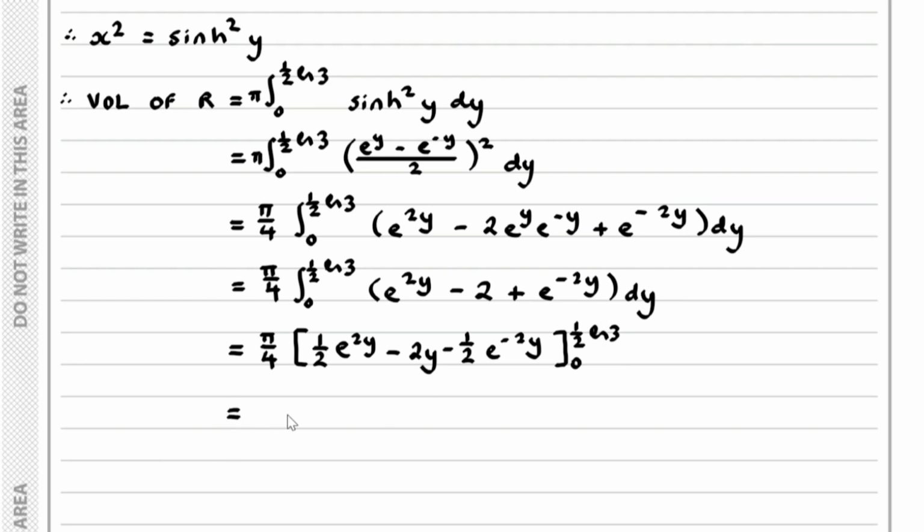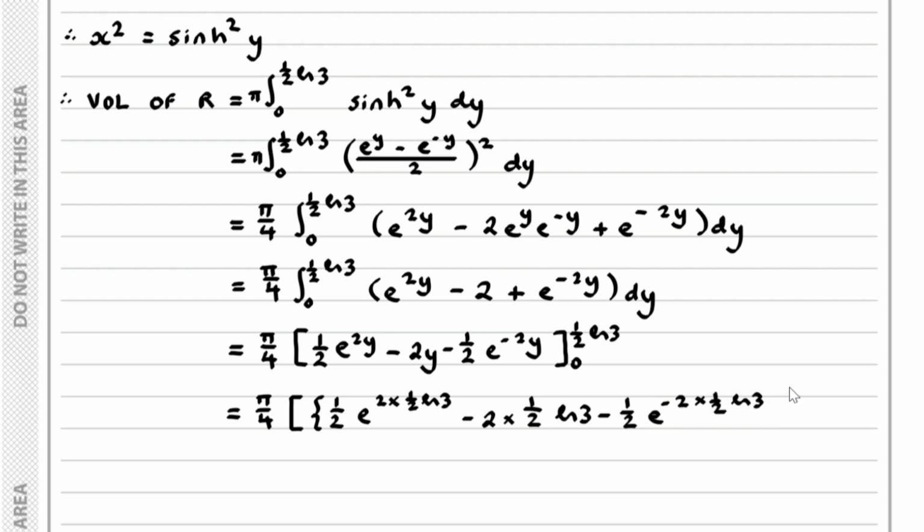So we've got pi over 4 times, well, here, if I substitute in for my upper limit 1/2 times the natural log of 3, we've got 1/2 e to the power of 2 times 1/2 times the natural log of 3, minus 2 times 1/2 times the natural log of 3, minus 1/2 e to the minus 2 times 1/2 times the natural log of 3.